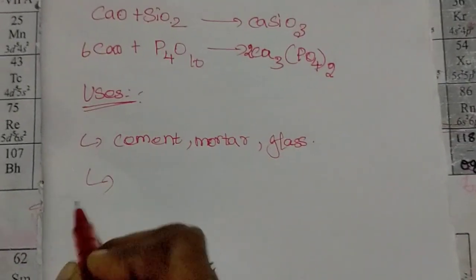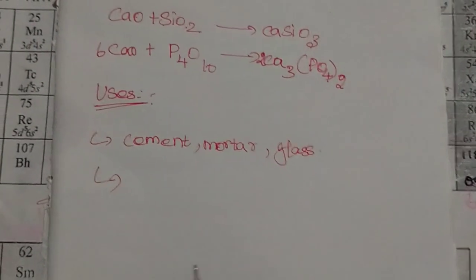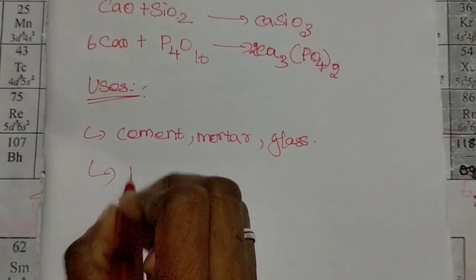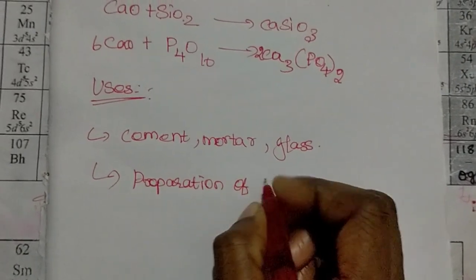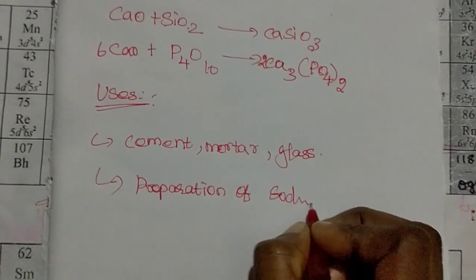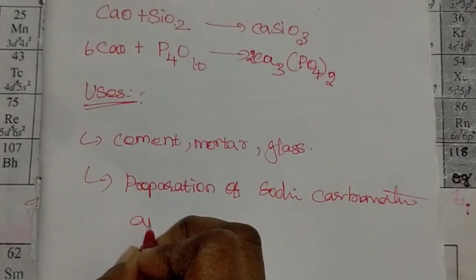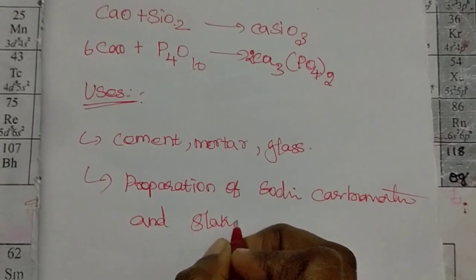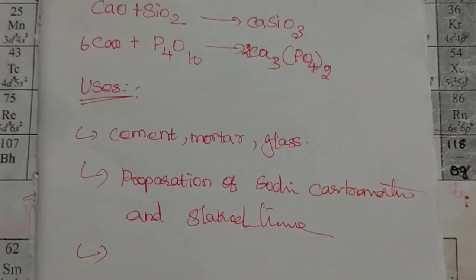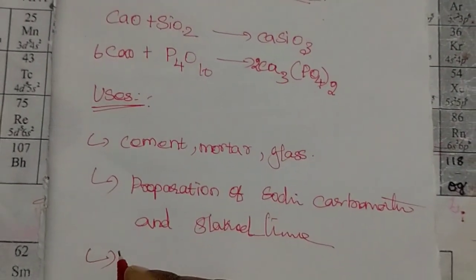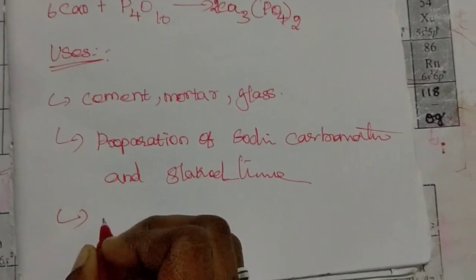Okay, the next use, we can use this calcium oxide for the preparation of sodium carbonate and slaked lime, and also as a purifier of water and in the process of purifying sugar.